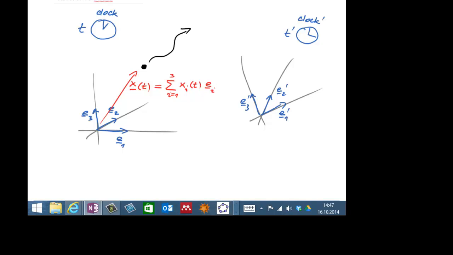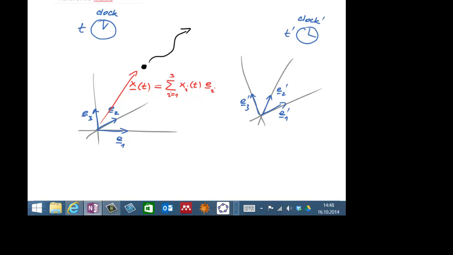Now let's think about how the observations of one observer can be translated into the observations of the other. So how we can transform from one reference frame to the other.